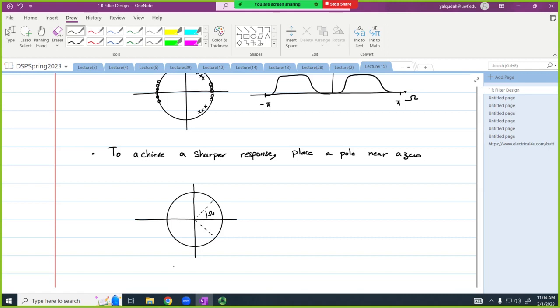What do I have to do? Do I place multiple poles, or just one? To remove, what do I need, a pole or a zero? If I remove this frequency, a zero.